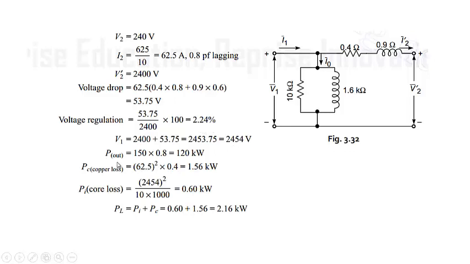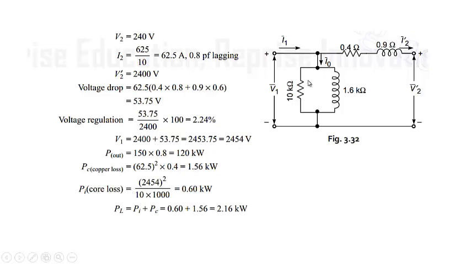Now output power will be equal to 150 into 0.8, that is full load, with power factor 0.8 and 150 kVA, so 120 kilowatts. Copper loss will be in this winding, so that will be equal to 62.5 square into 0.4, that is 1.56 kilowatt.